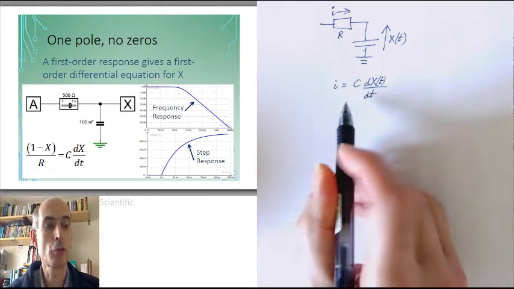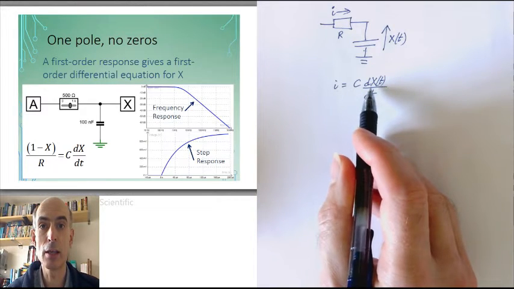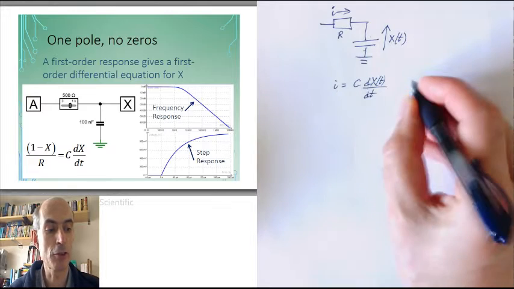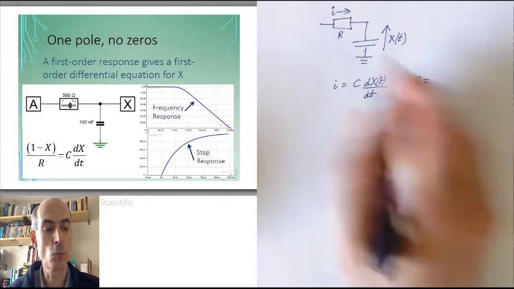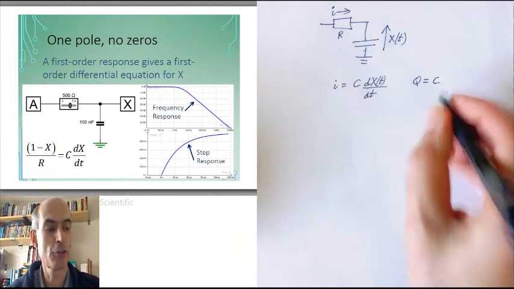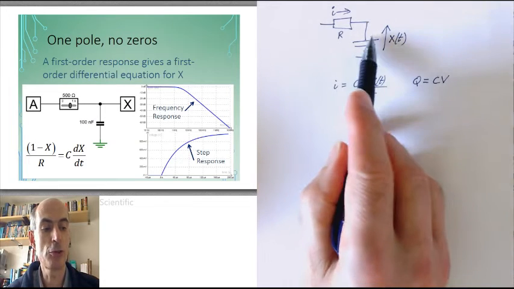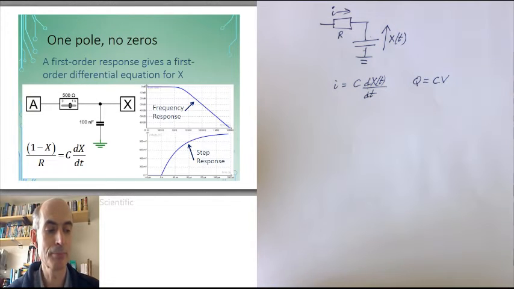And that comes from differentiating the characteristic equation of a capacitor, that the excess charge on one plate is the capacitance times the voltage difference across the capacitor.